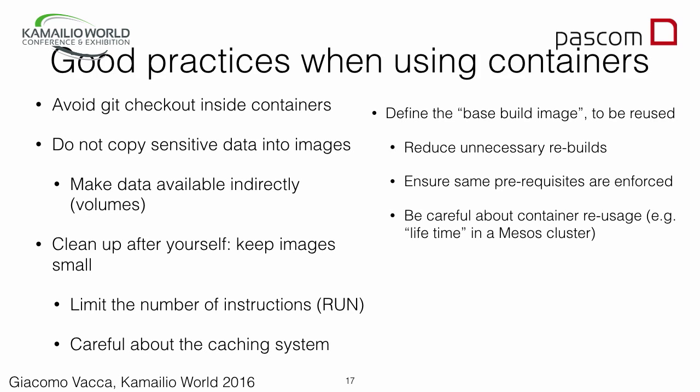Each time there is an instruction in a Dockerfile, in particular a run instruction, there is an additional layer to the file image, so to the file system. So a way of keeping the size of the images small is limiting the number of instructions, and keeping, if possible, whatever changes at the end of the Dockerfile, so that you can use the cache system that Docker uses.